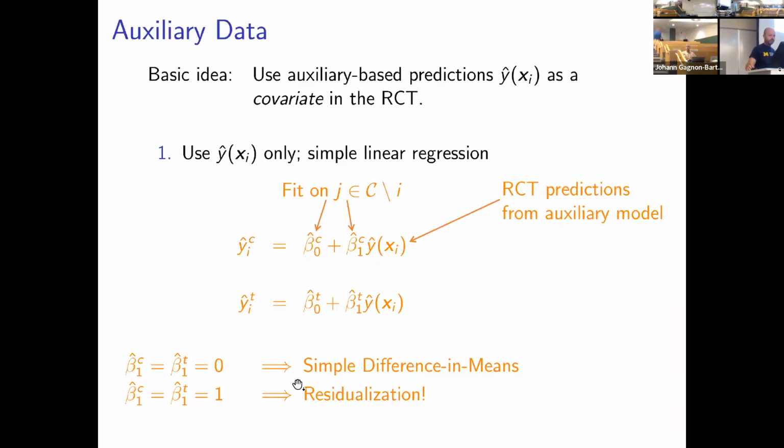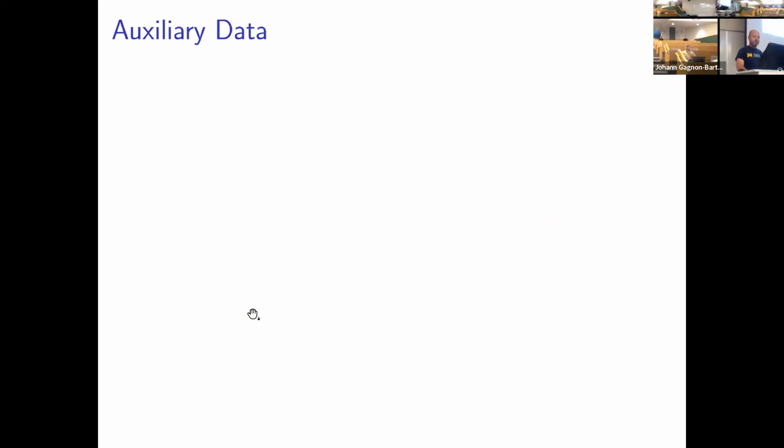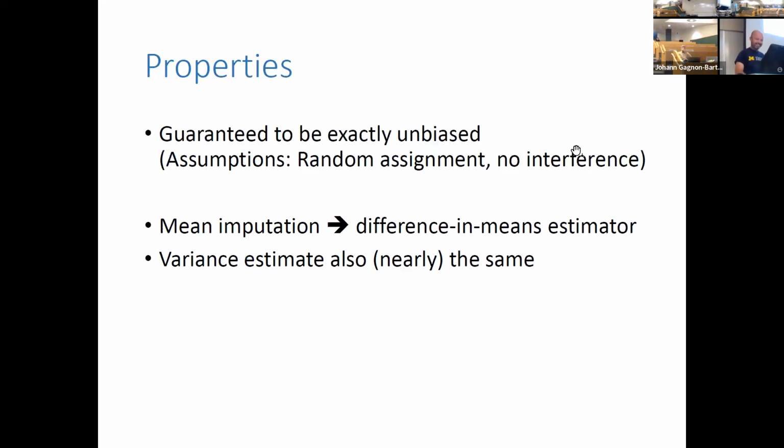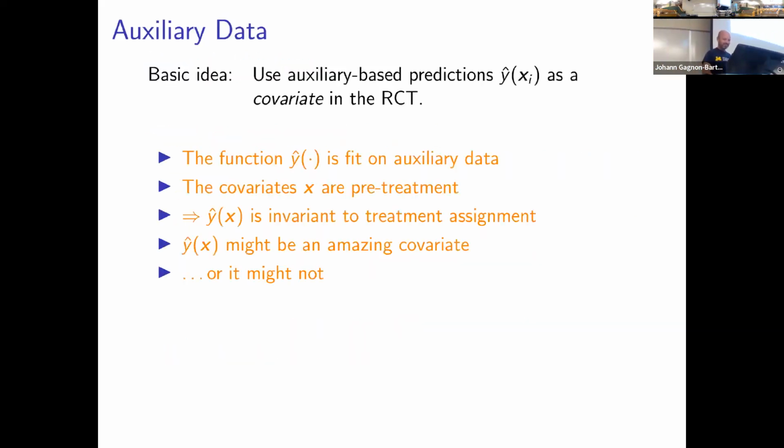No, because the unbiasedness comes from, however I get this predicted Y_i(C) and however I get this predicted Y_i(T), the unbiasedness comes from the random assignment of person i. Right, so those intercepts, I'm just subtracting the intercepts, that's all I was doing. That's what we do.